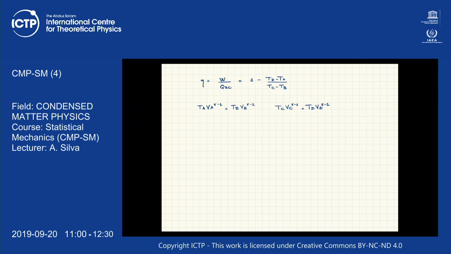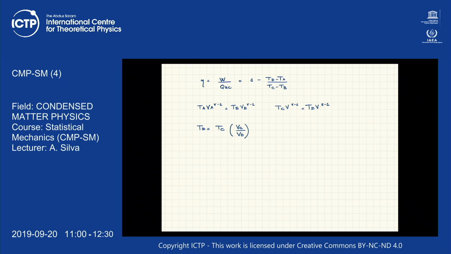This implies that TD is equal to TC times (VC over VD) to the power gamma minus 1. Well, VC and VD is the same. Sorry, guys. Let's skip writing useless things.